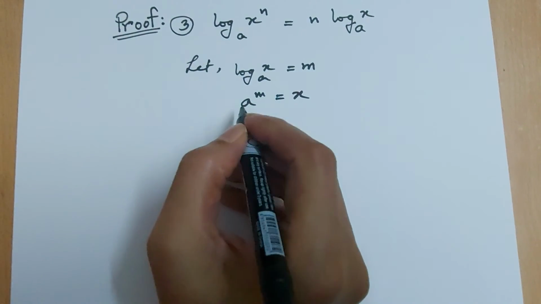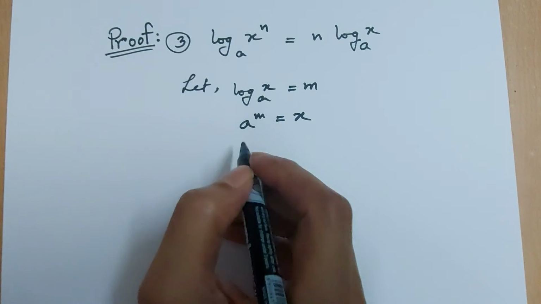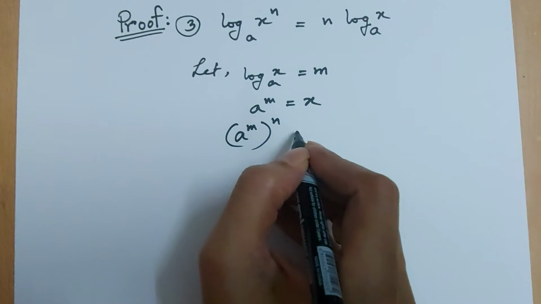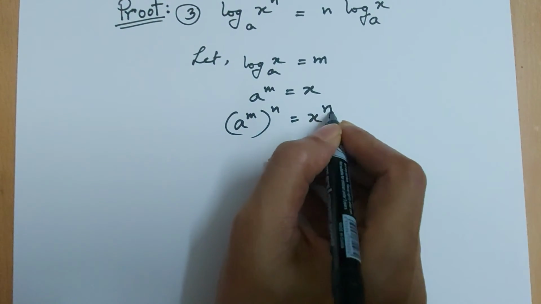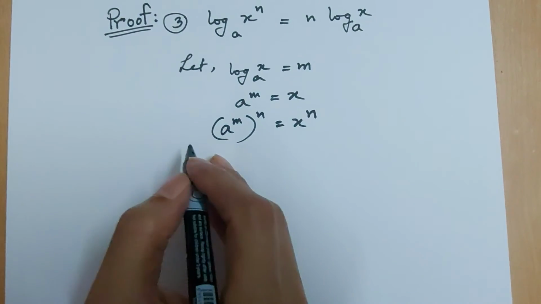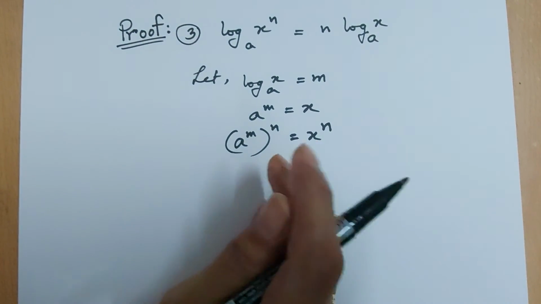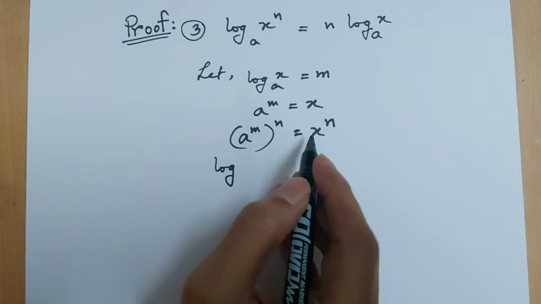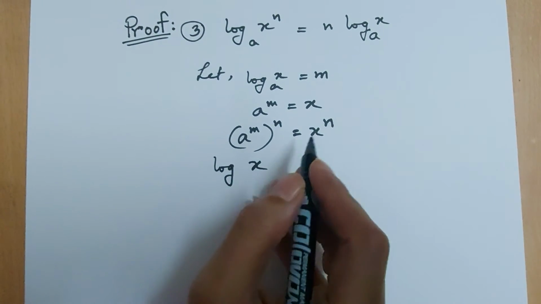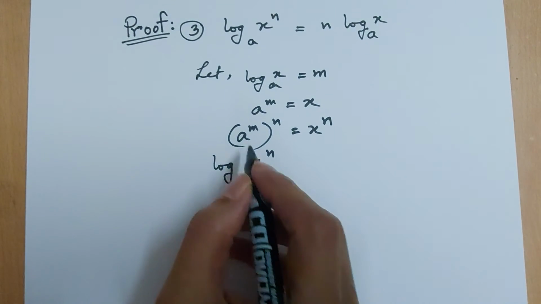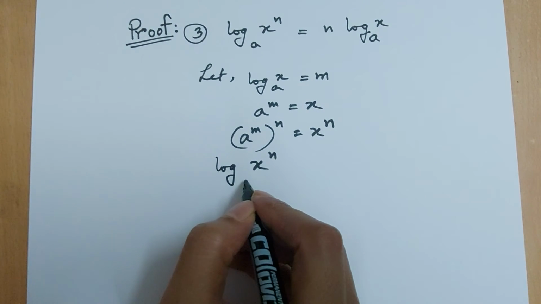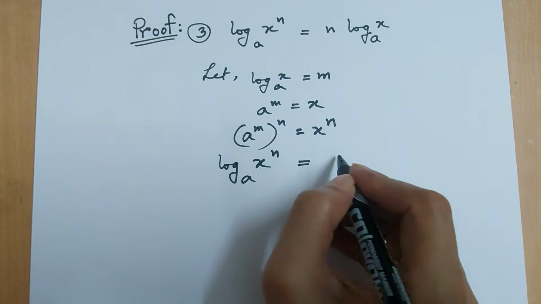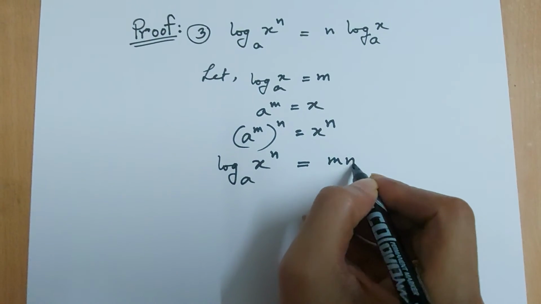And now I am raising both sides to the power n, that is a power m to the power n equal to x to the power n. In this stage, if I switch it to logarithmic form, then we can find log x to the power n to the base a equal to mn.